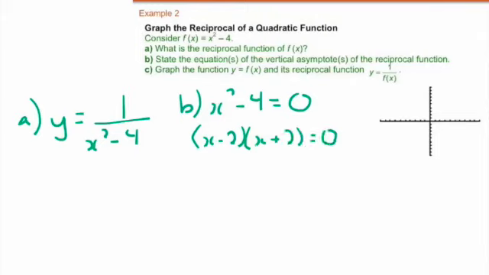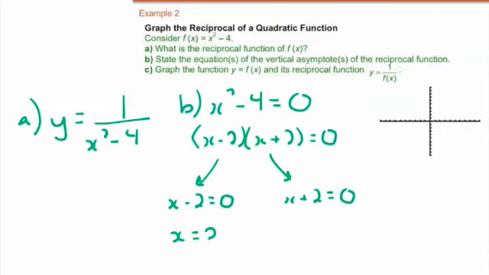So it'll factor into x minus 2 and x plus 2. Split those off. We've got one asymptote at x equals 2. Another asymptote at x equals minus 2.